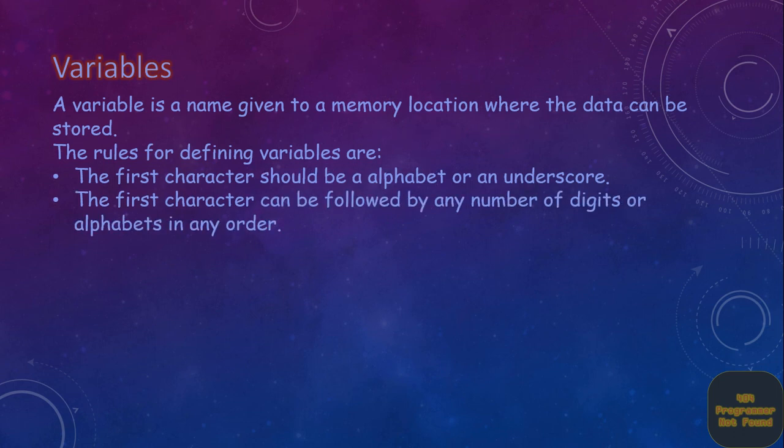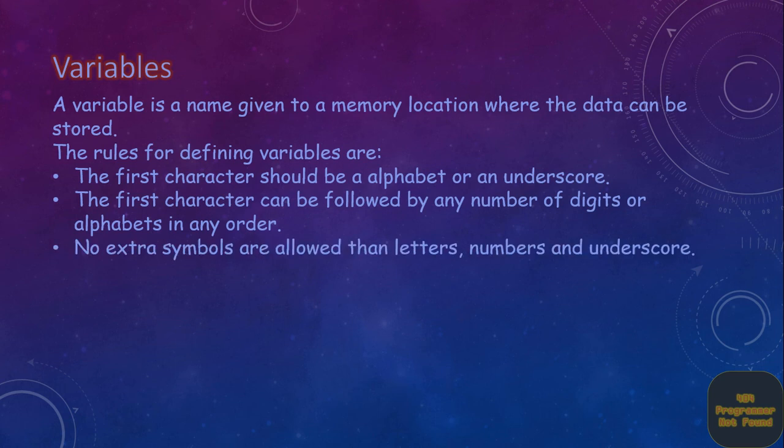Next, the first character can be followed by any number of digits, alphabets in any order. So, other than the first character, following characters may have numbers and any other alphabets if they require. No extra symbols are allowed than letters, numbers and underscore. These are the only three elements from the C character set that can be allowed to form a variable.